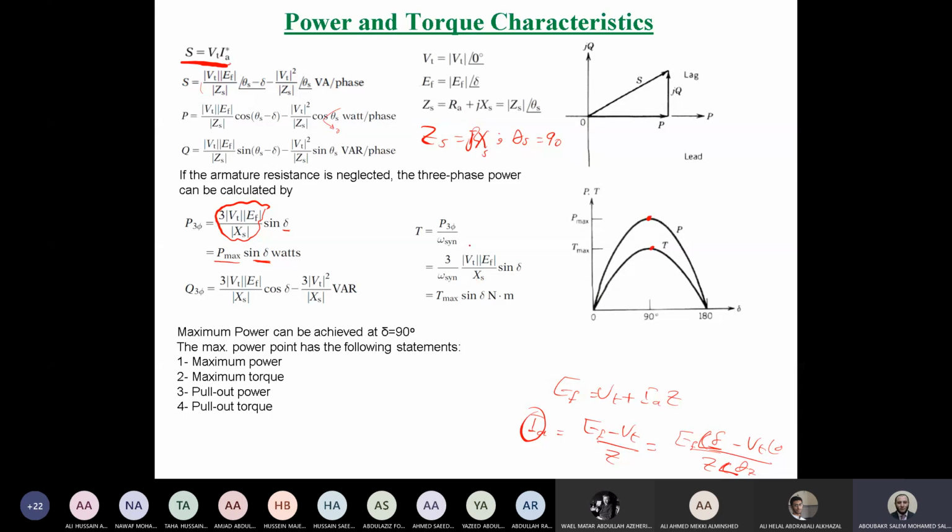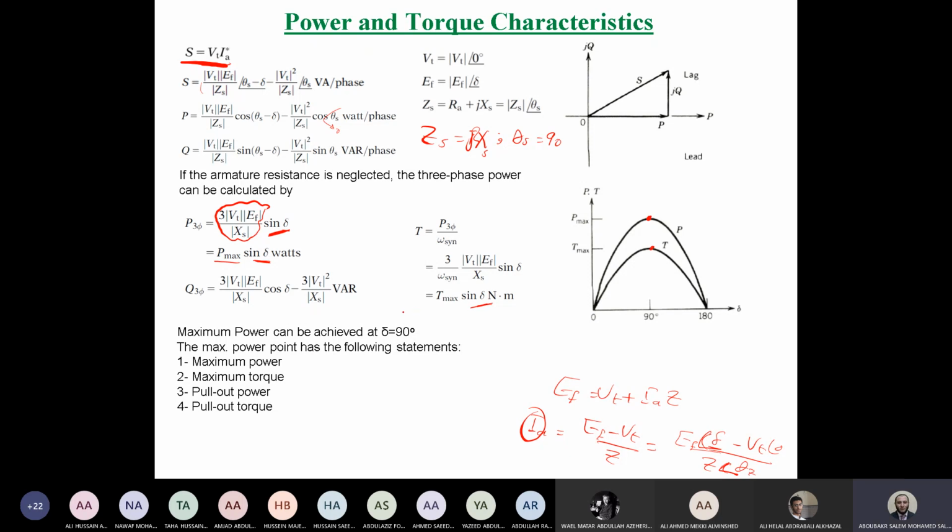This will be the maximum value of torque. And we can say also the torque equals T maximum sine delta. So the angle delta, we can call it the power angle or torque angle, because it's the same. Here the power depends on the value of delta, and here also the torque depends on the value of delta. So we can say delta is the power or torque angle. Fine.